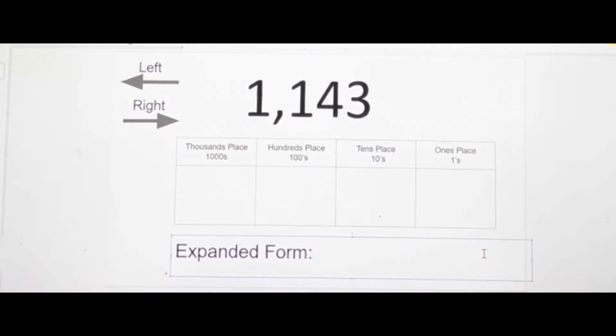In those numbers, I'm going to identify the ones place, the tens place, the hundreds place, and the thousands place. Then I'm going to provide a visual representation of each of the 4-digit numbers using base 10 blocks. And I will conclude by writing the 3 numbers in expanded form. All right, let's get into it.